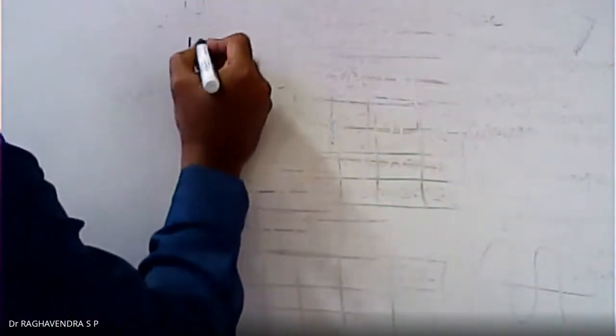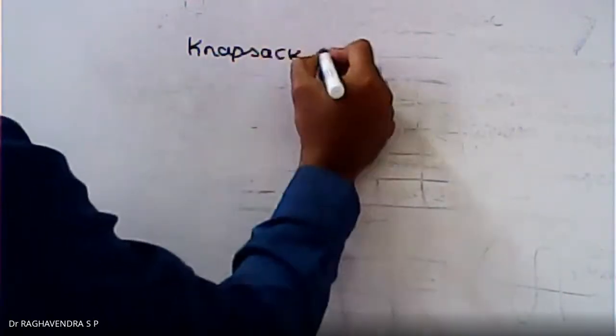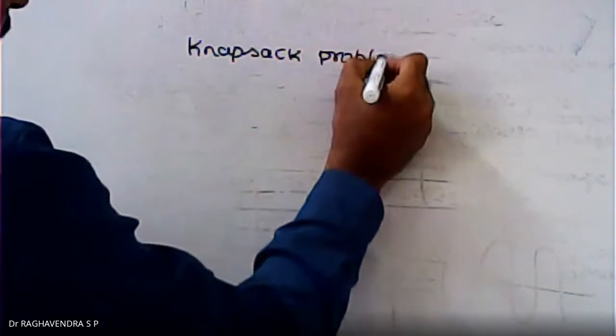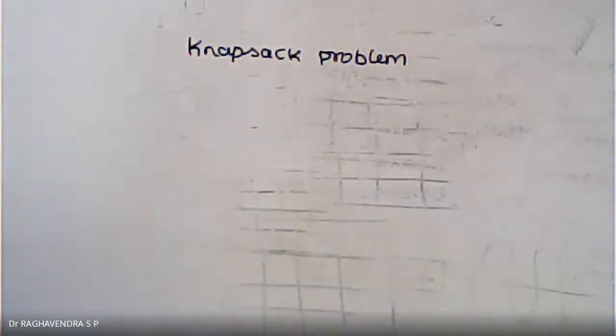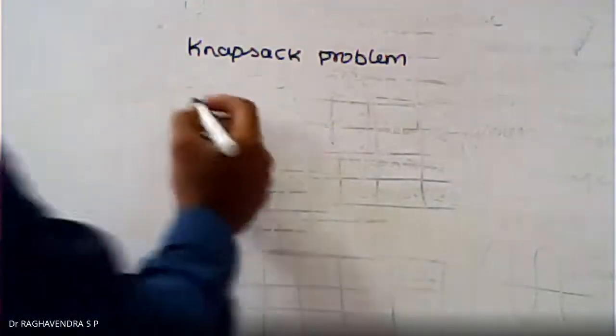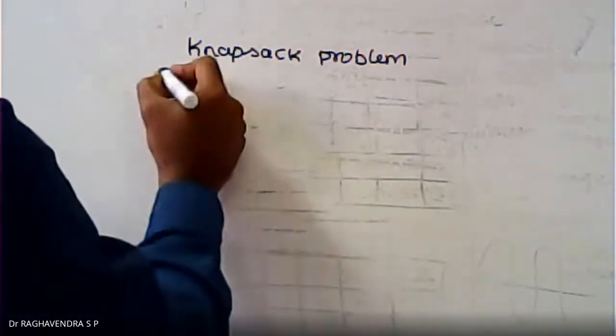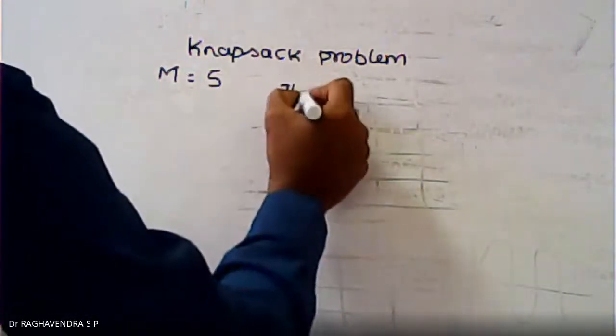So this knapsack problem. Under this knapsack problem, we have a knapsack capacity that is m equals 5, and the table has been given.